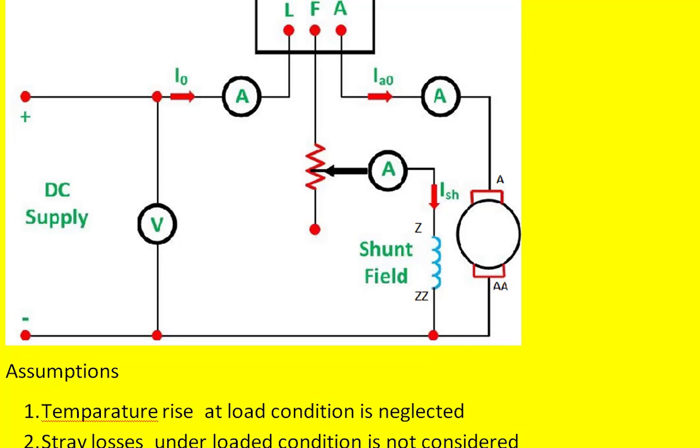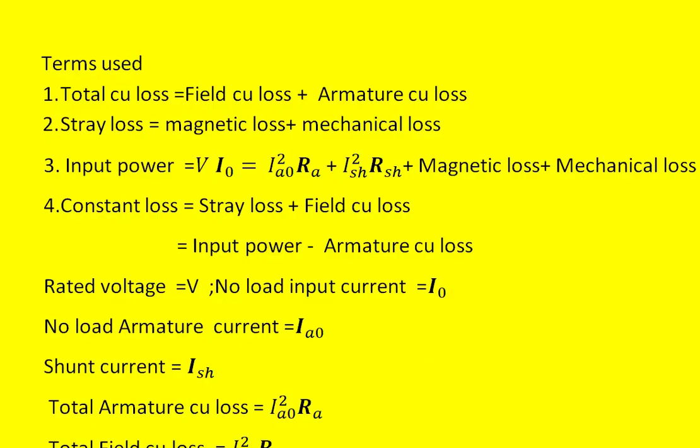Before we calculate the constant loss, let me discuss the various losses that we normally encounter in DC machines. Total copper loss means field copper loss plus armature copper loss. Stray loss is nothing but magnetic loss or iron loss plus mechanical loss.